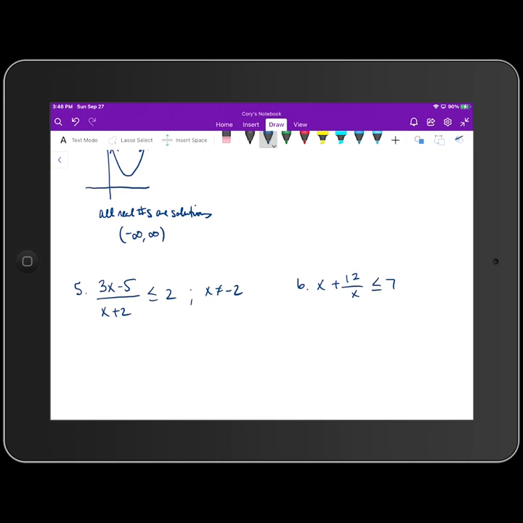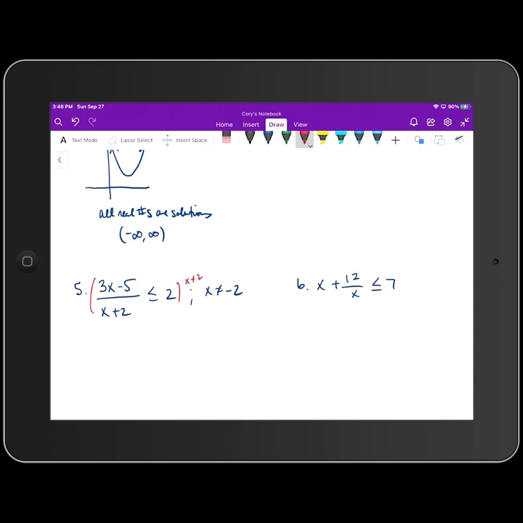Now, if we were solving an equation here, so pay close attention, okay? If we were solving an equation, the way we would solve an equation like this is we would multiply both sides by x plus 2 to get rid of the fraction, okay? We cannot do that when solving an inequality.